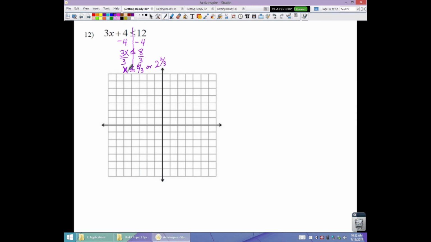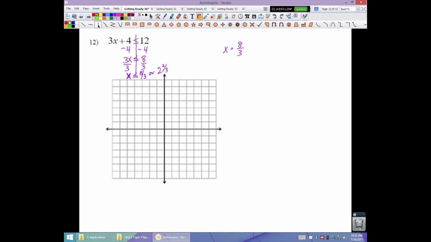So if having only a y gives you a horizontal line, I hope it makes sense to you that having only an x gives you a vertical line. So I go find where x is equal to 8/3, pretending this is an equal sign. 8/3 is 2 2/3, so 1, 2, and 2/3. And then I want a vertical line through that value.